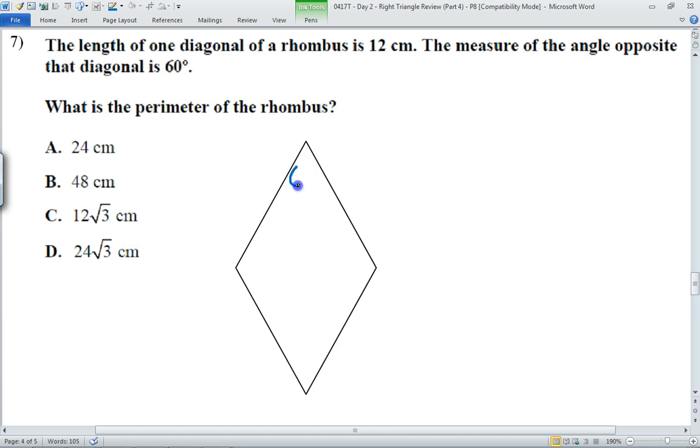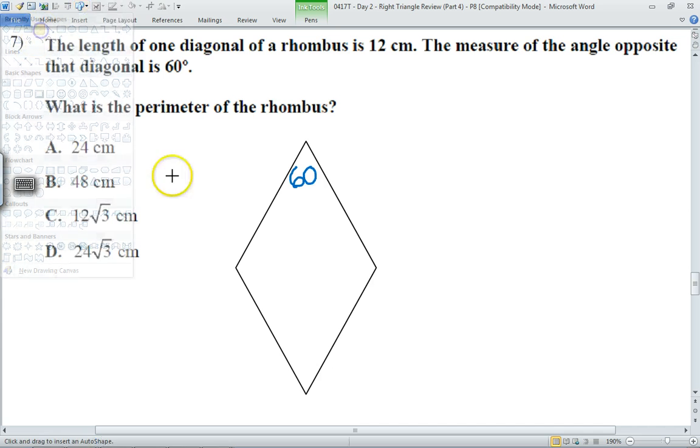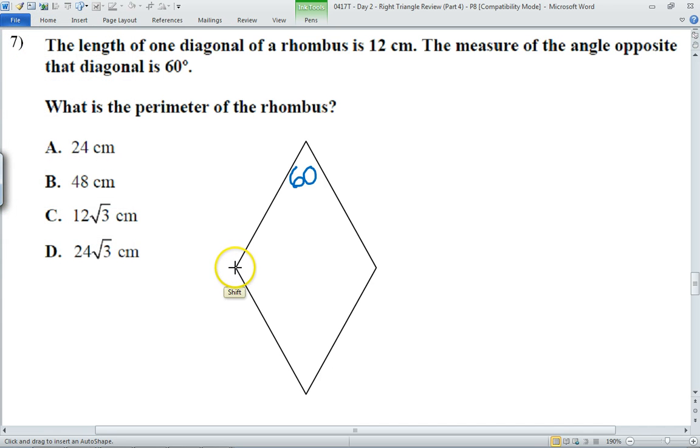So 60-degree angles. There's one of them. They mentioned the diagonal. So here's a diagonal right here, going across like this. Just put that a little high, didn't I? Okay, so there is a diagonal. So I've got 60 degrees.